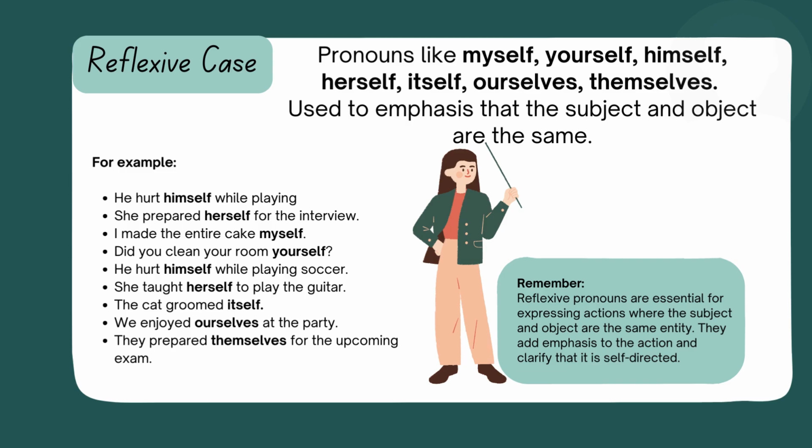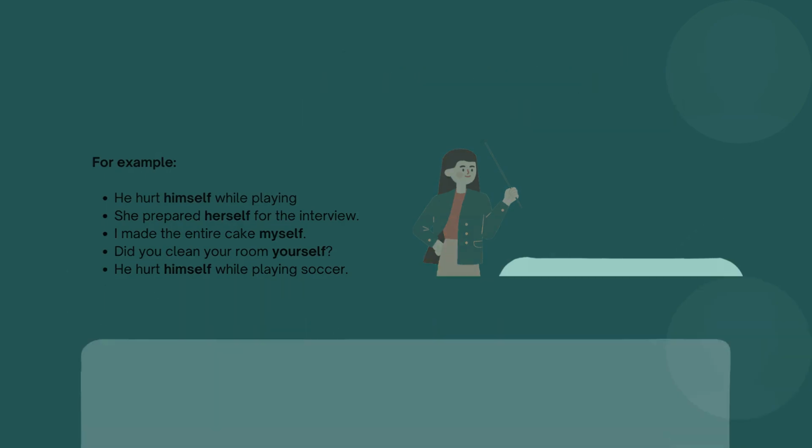Yeah. All right. So it's good to remember that reflexive pronouns are essential for expressing actions where the subject and the object are the same person. They add emphasis to the action and clarify that it is self-directed. All right.